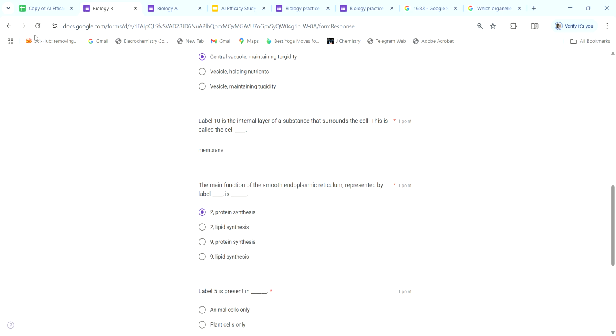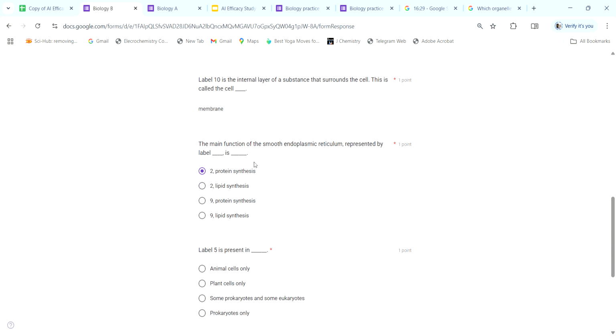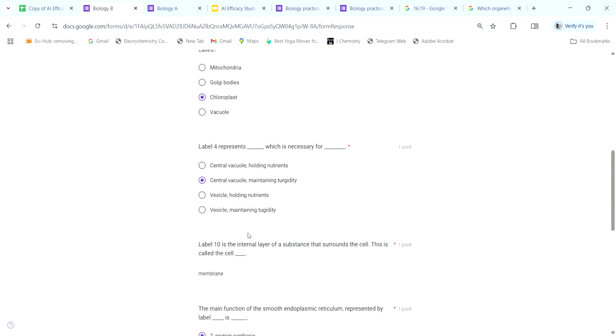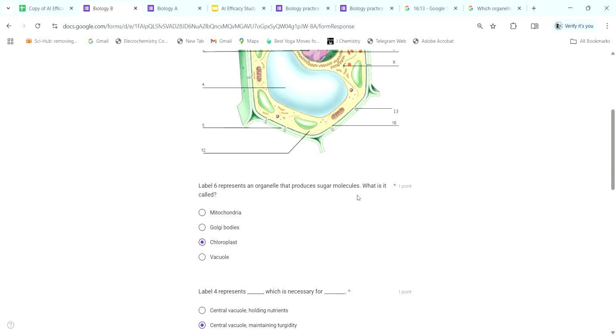The main function of smooth endoplasmic reticulum is that it synthesizes lipid. So this should be 2 or 9. So what is smooth? 2 is rough. 9 is smooth. Okay, so this will be 9 and lipid synthesis.